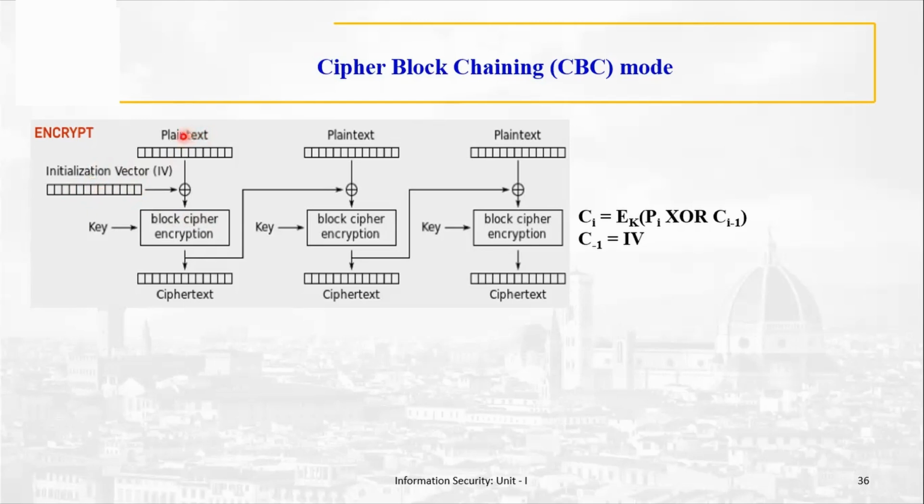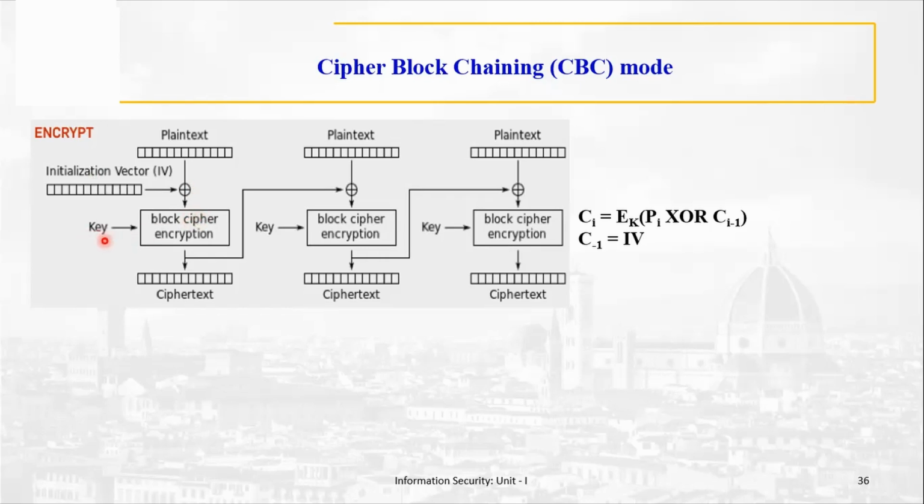Whatever the first block you are encrypting, that plain text has to be XORed with the initialization vector. You have to prepare the IV with the same size as the block, so that you can do the XOR operation. And whatever the XOR operation result is, that will go to the encryption part.